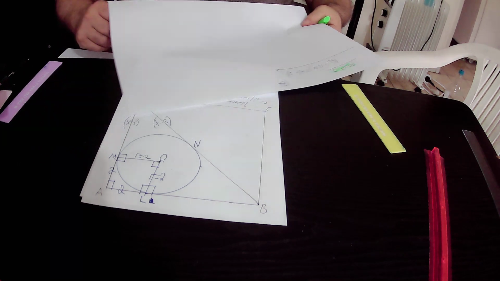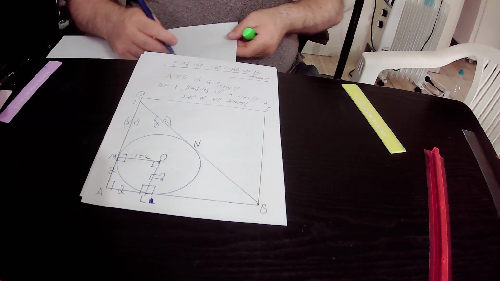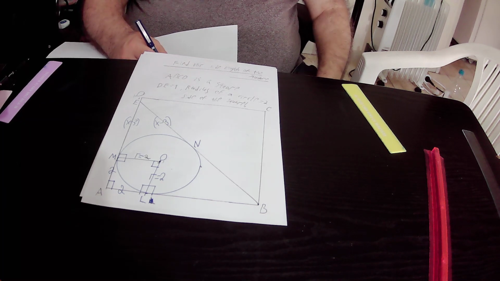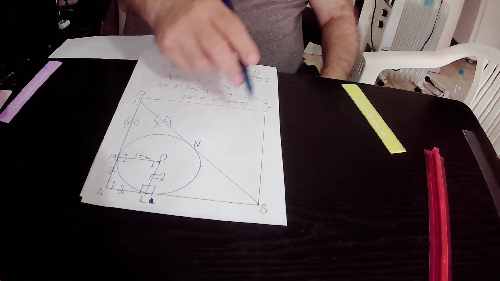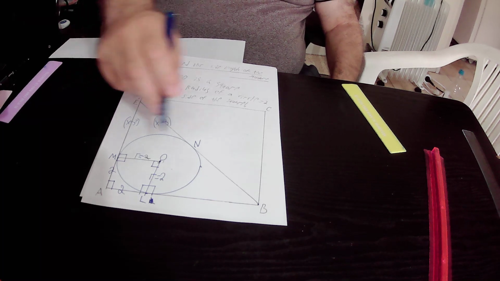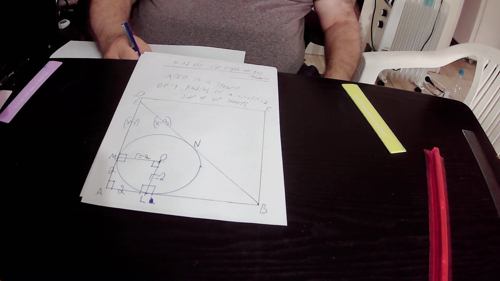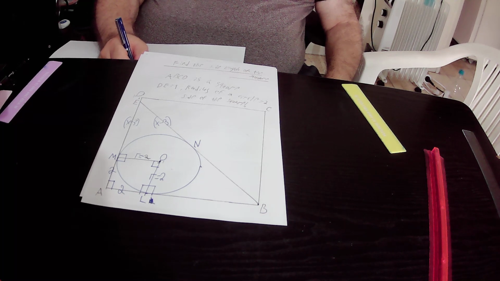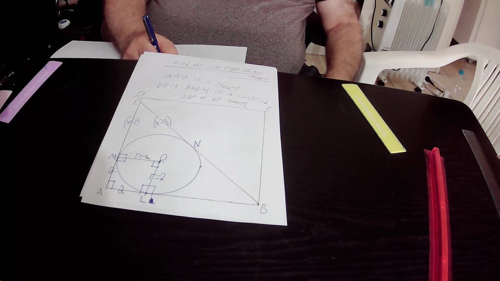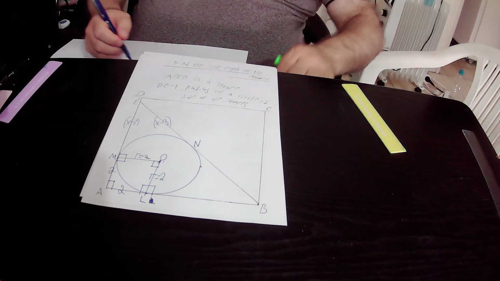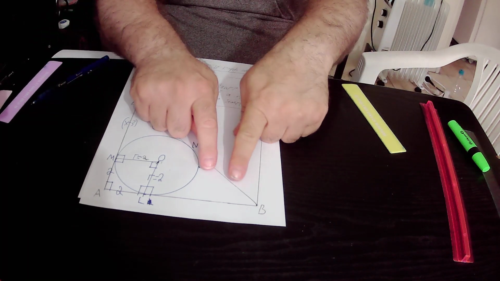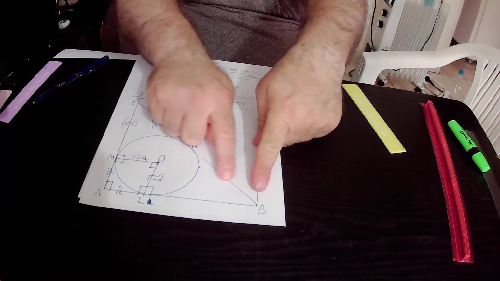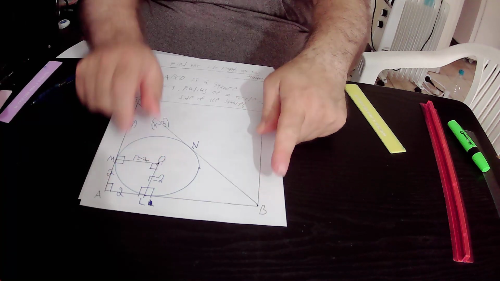What is the length of line segment BL? From the drawing, it is very easy to see that BL equals AB minus AL.